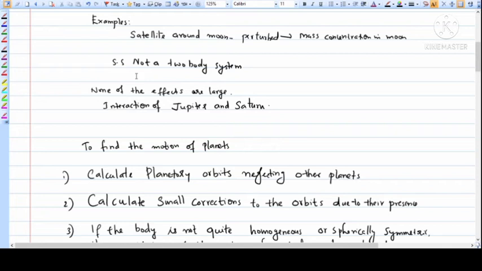If we are considering two bodies, like two planets, or one planet and the sun, it is not just a two-body system. There are so many planets and other bodies in the solar system. So it is not actually a two-body system.